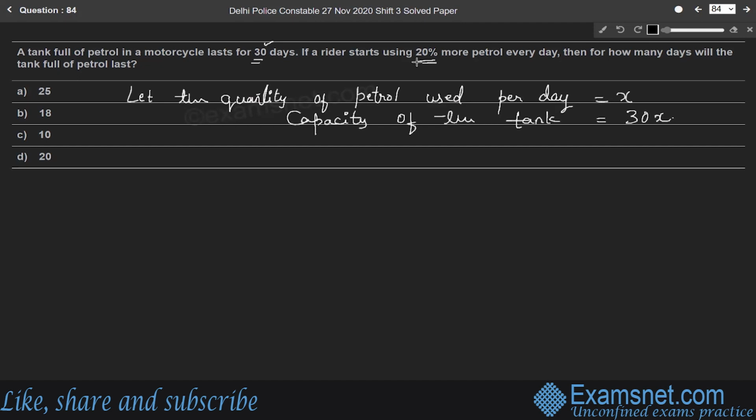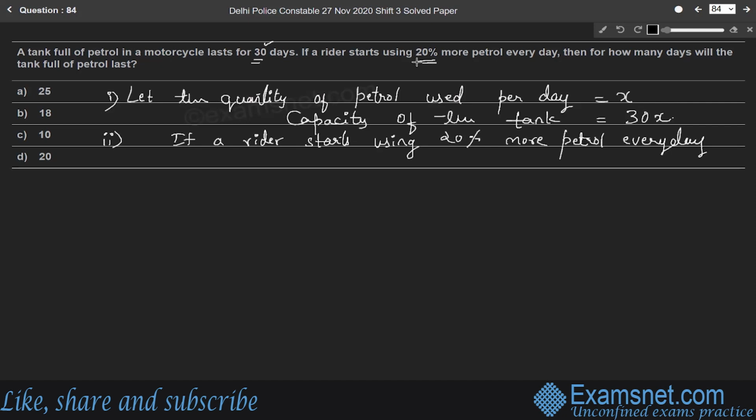So here, if a rider starts using 20% more petrol every day, let us consider this as the second part. If a rider starts using 20% more petrol every day, then what happens?